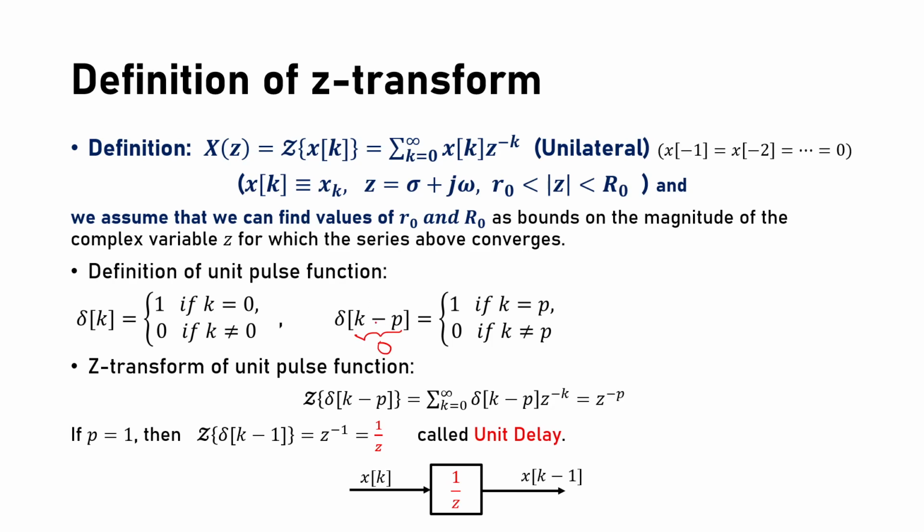So it equals 1 when k equal to p. The argument inside is 0, then the function is 1. Otherwise, the function is 0.